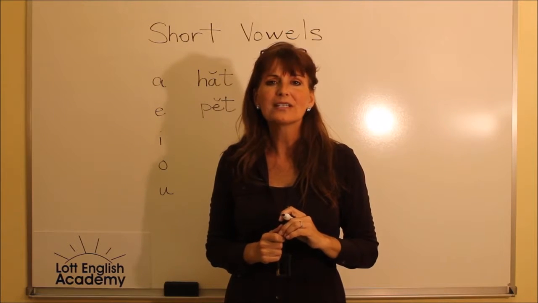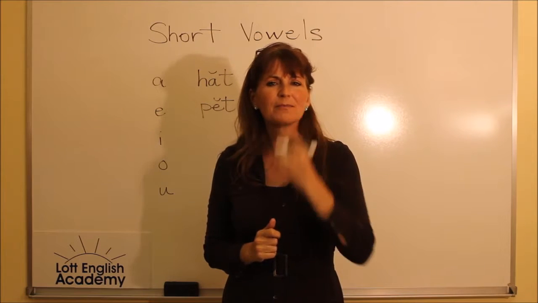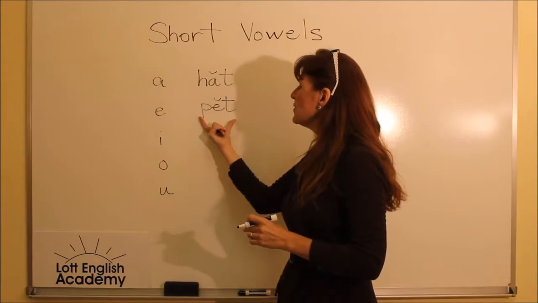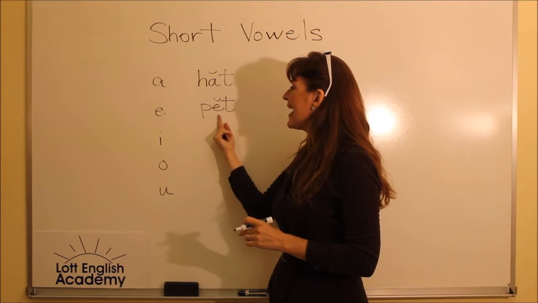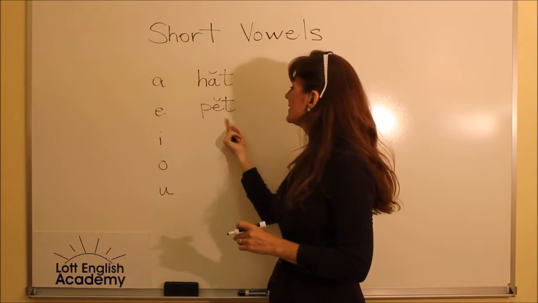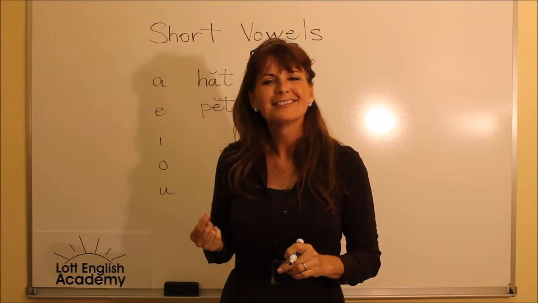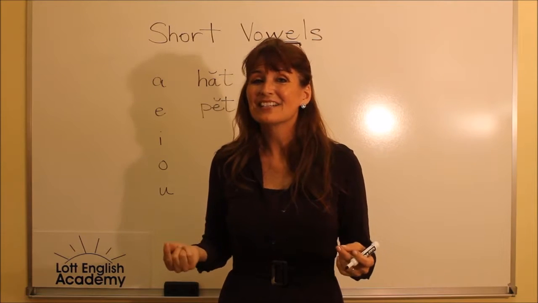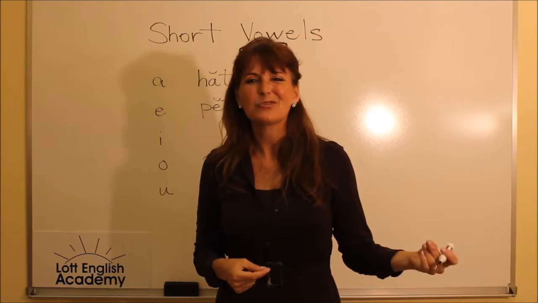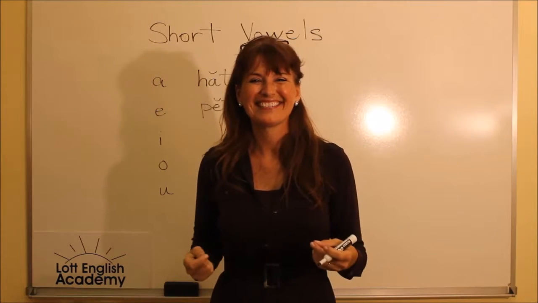It's a very short sound. Look at my mouth. This word is pet. Pet. What is a pet? If you have an animal that lives in your home with you, or an animal that you take care of, that you gave a name to, that is a pet.